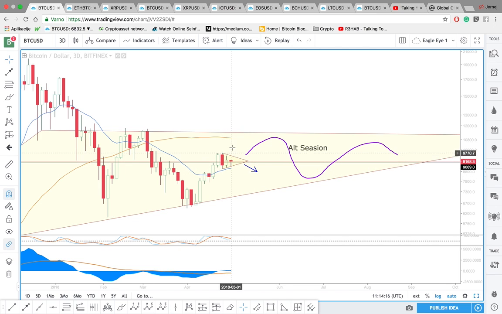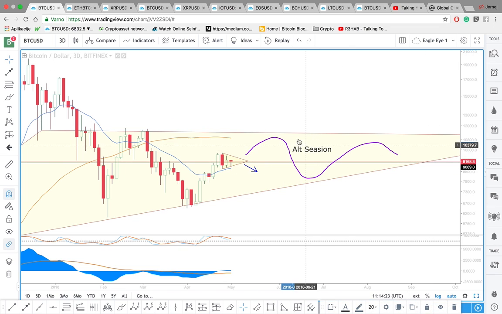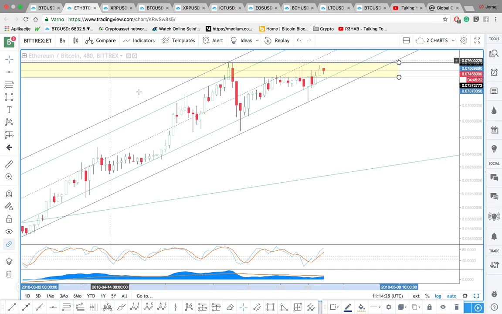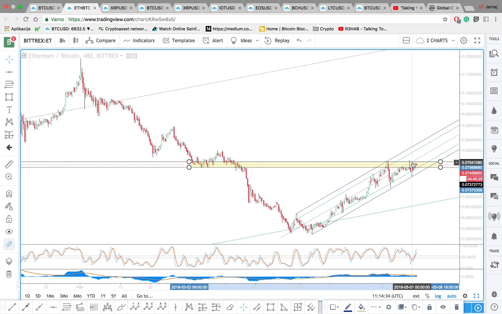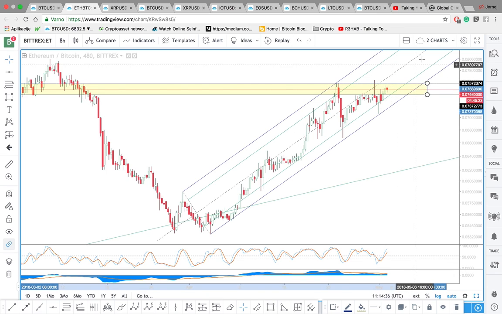And even if Bitcoin goes sideways like this, alts can go higher. So that's what I meant by this. Also this supports the channel that we bounced off here, and we are hitting this resistance, but I think we are ready to make some new highs when it comes to this trend.